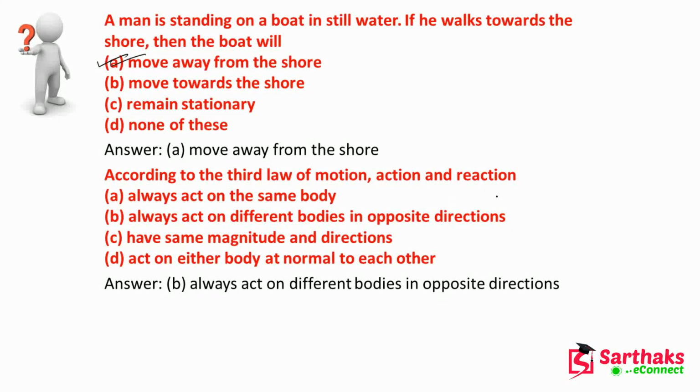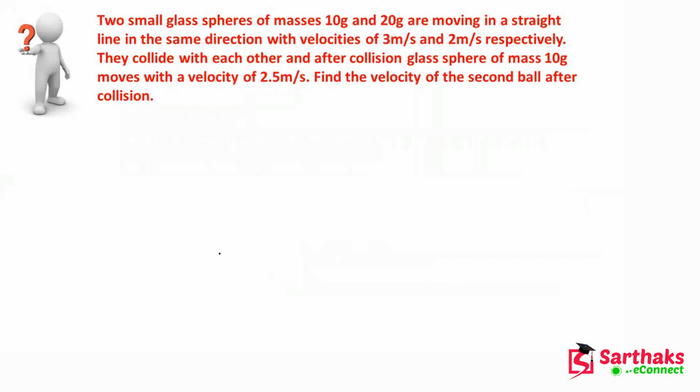If we have a body A here and B here, then A will exert a force on B, and the same force will be applied by B towards A. That means the forces are acting on different bodies, but in opposite direction. So the correct answer is: always act on different bodies in opposite direction. Now, let's solve this one.